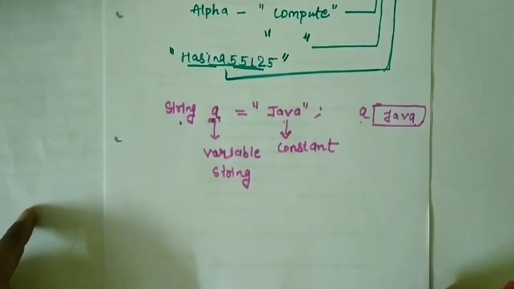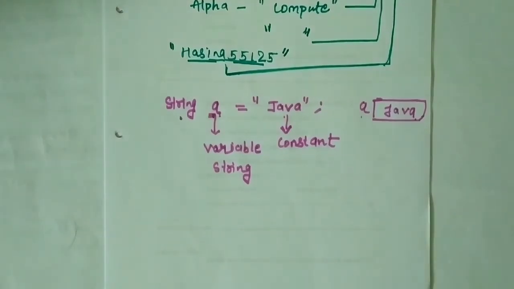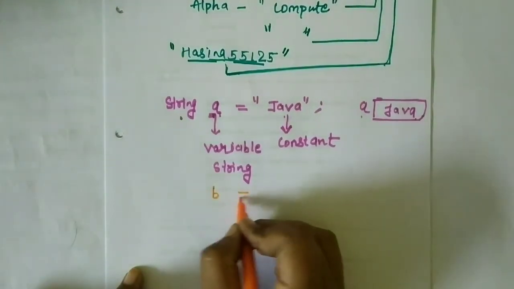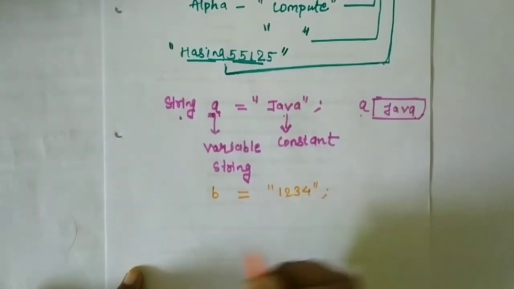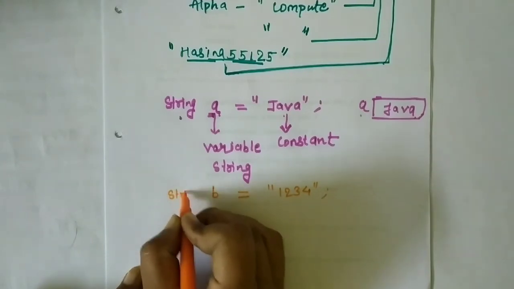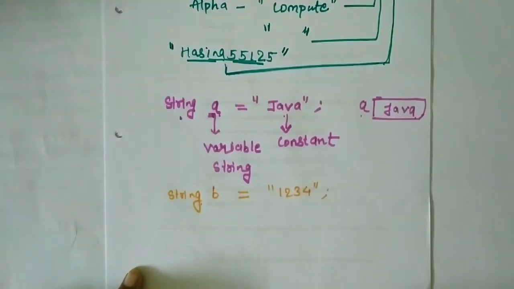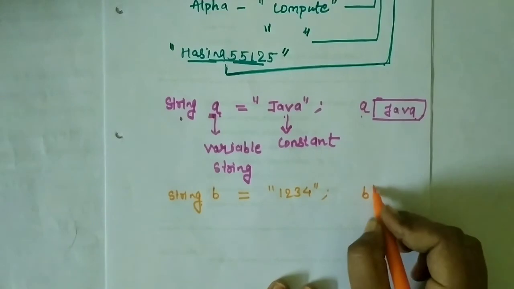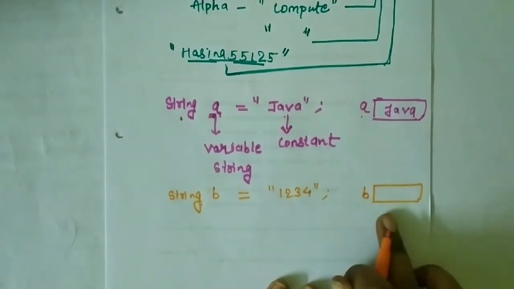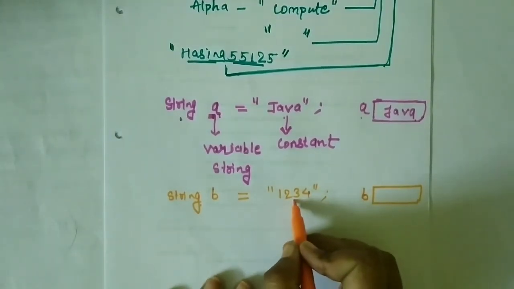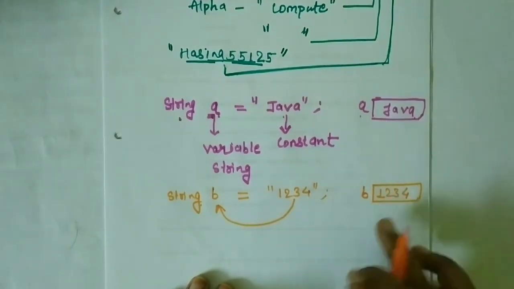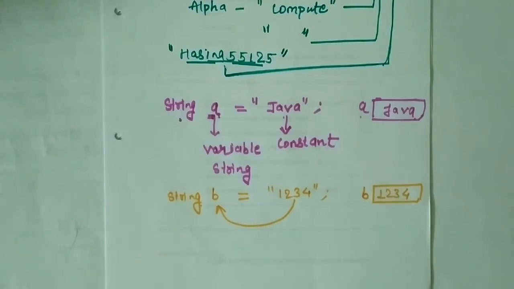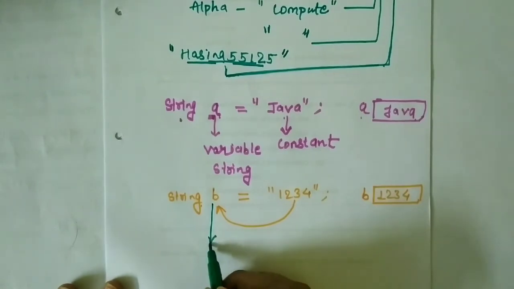The next example, suppose B equal to 1 2 3 4 within double quotes. What is the data type of B? That means string. So what is the value of B? The value of B is 1 2 3 4, because this value is assigned to the variable B. Here B is which type of variable?